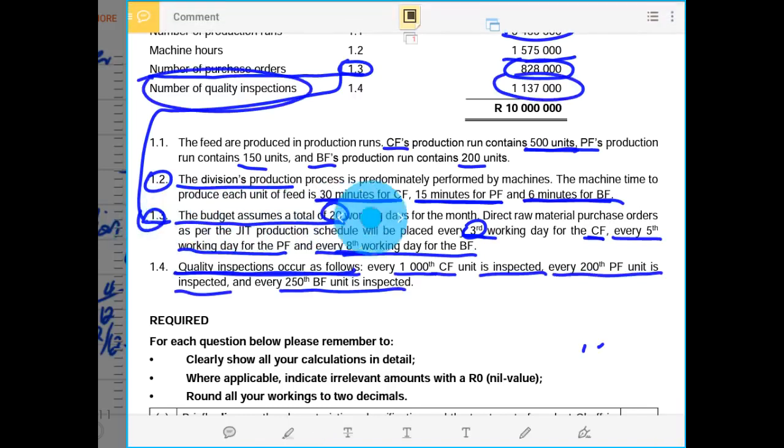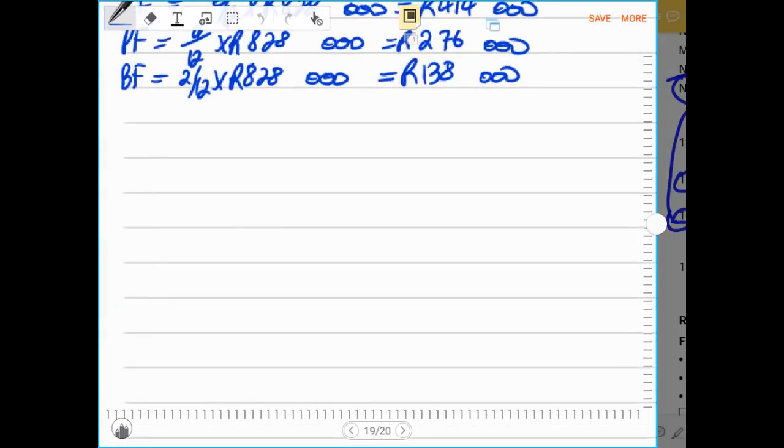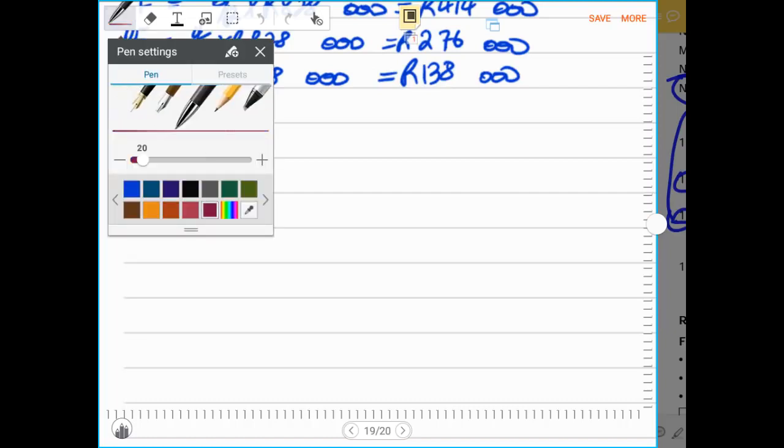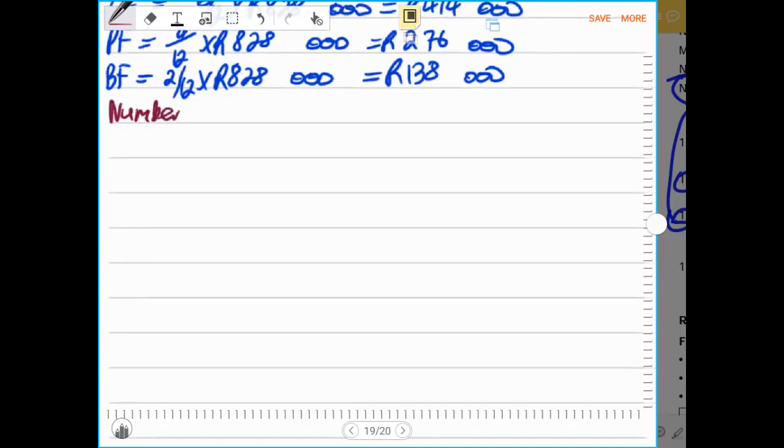So now we need to know the number of inspections. How many times do we inspect?